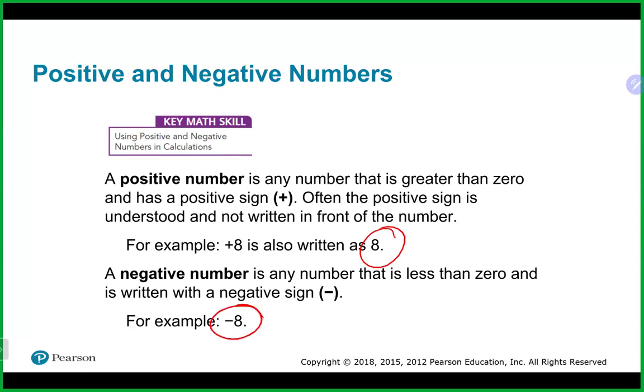Opposite though, if we have a negative number, we do write the negative sign. And remember that if we are adding a positive number and a negative number, we're basically subtracting. So we're going to subtract the negative number in that case.